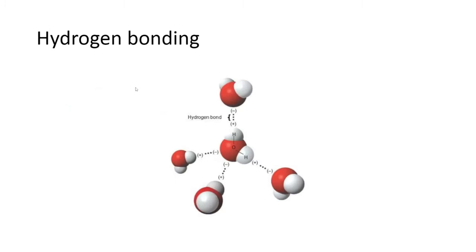Hydrogen bonding is a very important thing. It is what gives water a lot of its properties. We notice over here that we have this red, which is the oxygen, and then these two white tops are the two hydrogens.